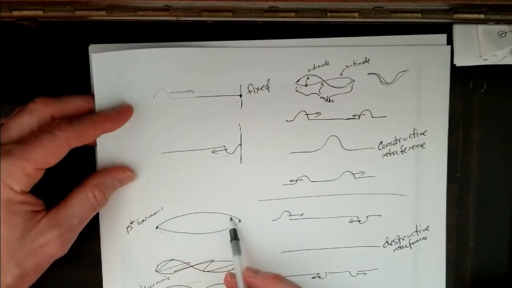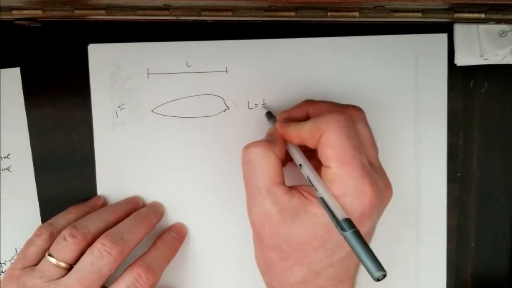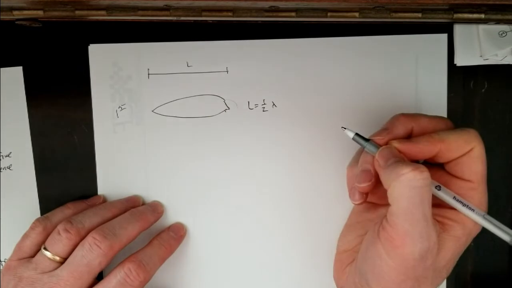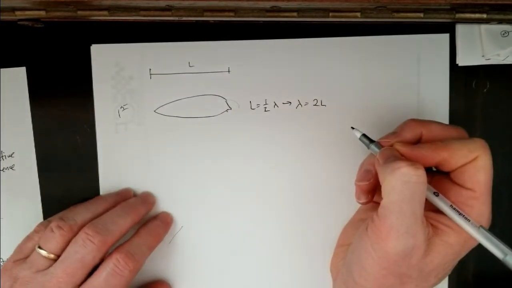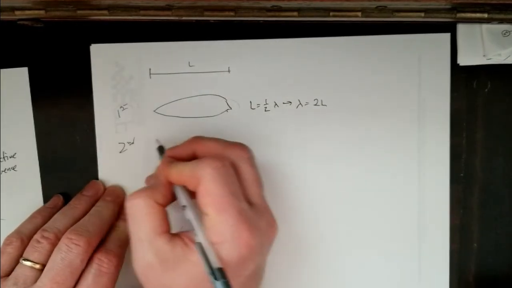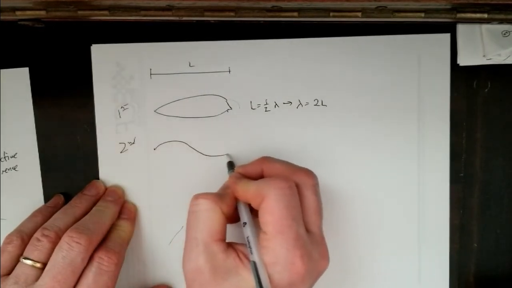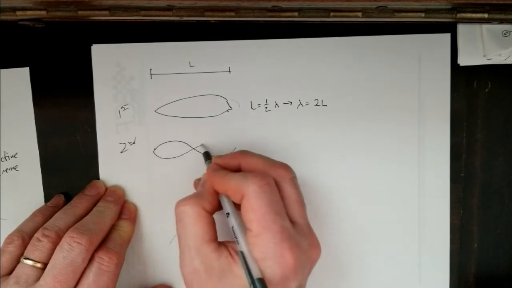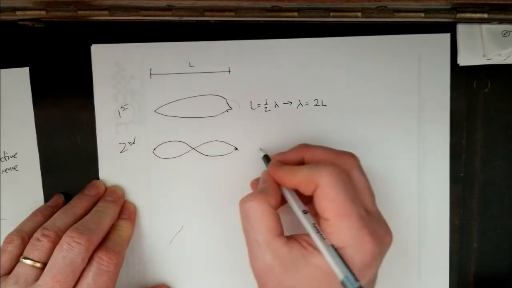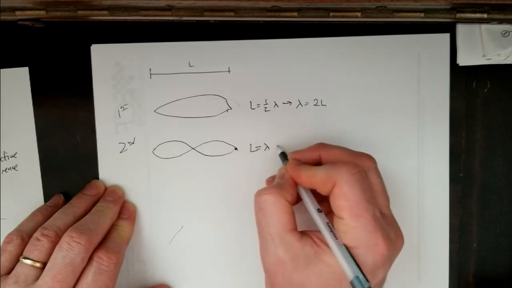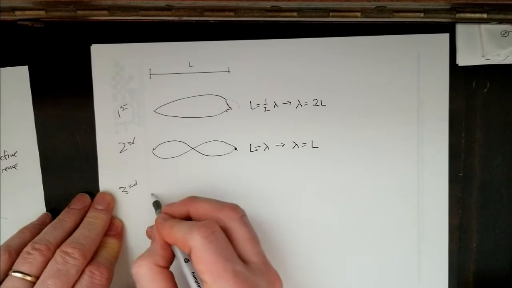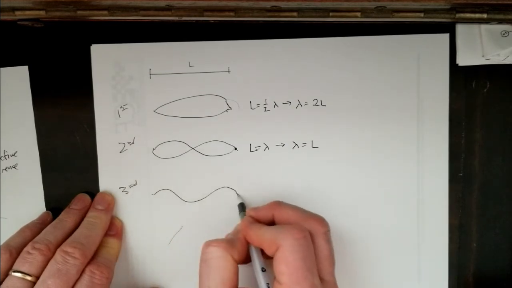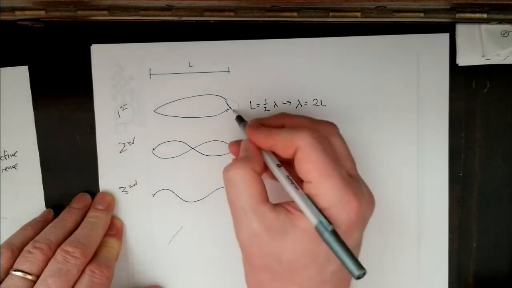And so if I have my first harmonic, that's just half a wave. So my length is equal to half of a wavelength. In other words, my wavelength is equal to 2 times L. The second harmonic, that's a full wavelength, so my length is equal to the wavelength, so the wavelength is equal to L. The third harmonic, now because they're fixed, I have nodes at the ends.